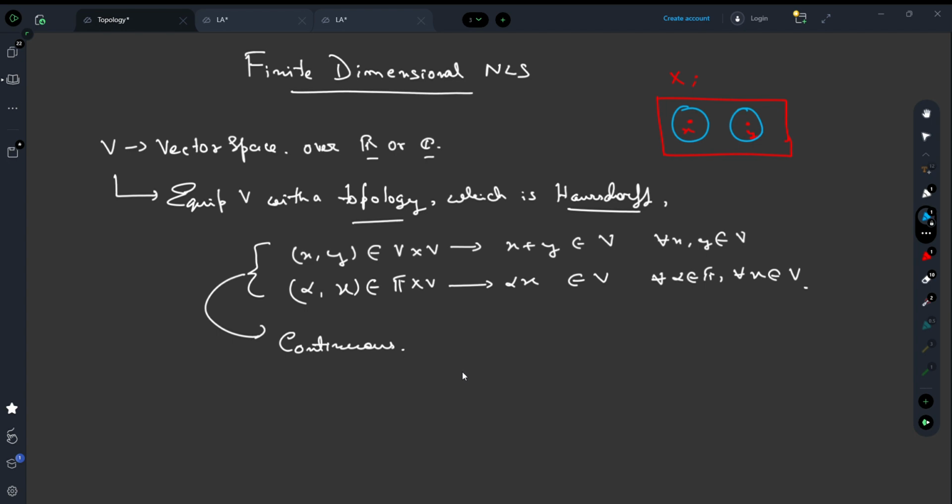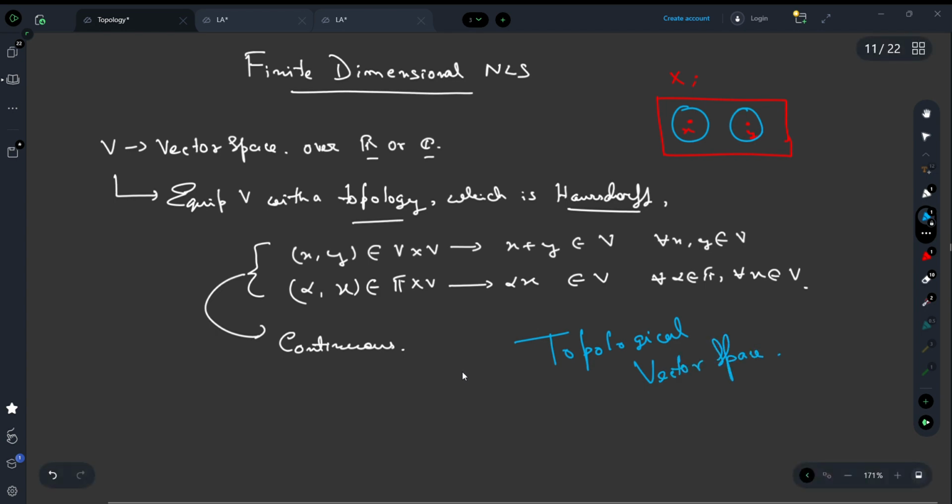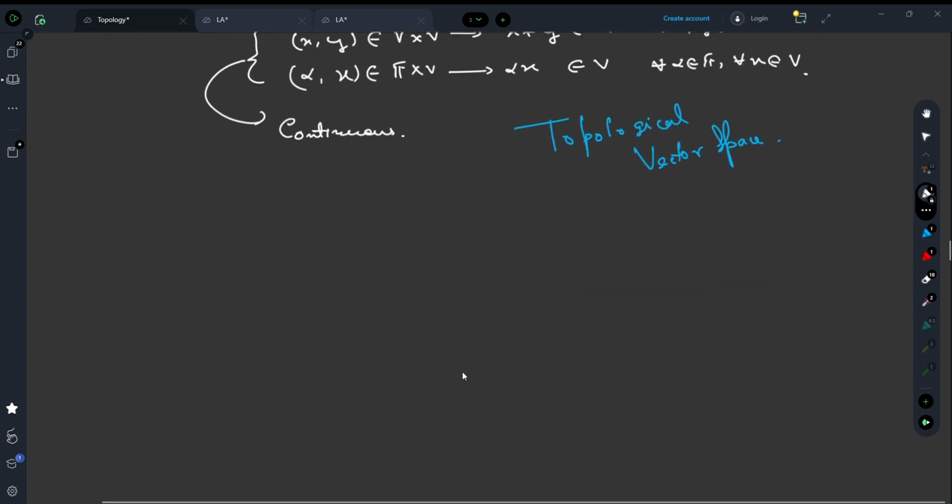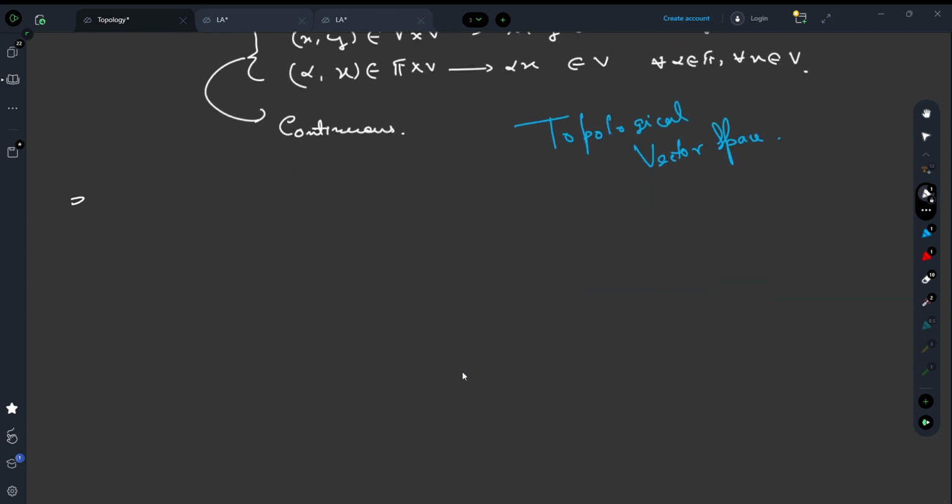A structure which obeys all these properties is called a topological vector space. And an example of a topological vector space is a normed linear space.